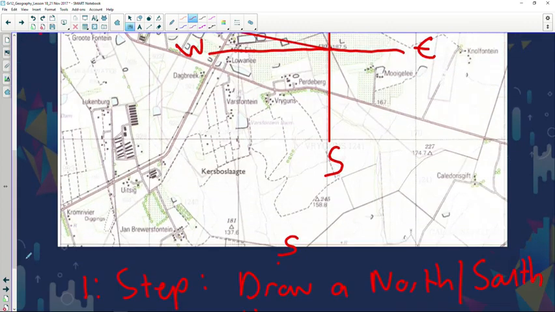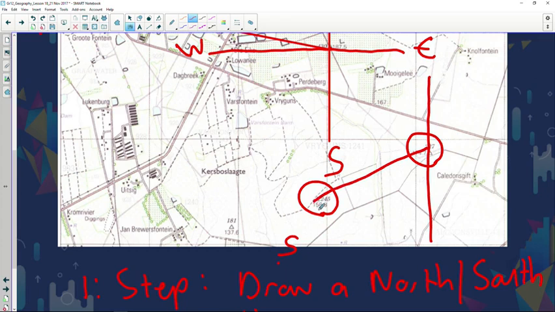If we quickly have a look at determining the direction from Trig Beacon 227 to Trig Beacon 245. First of all, draw your north-south line. Draw a line from where to. There's your north line, south. If you divide it up, there's east, there's west.